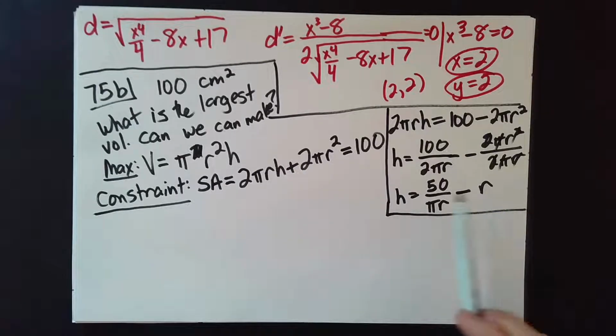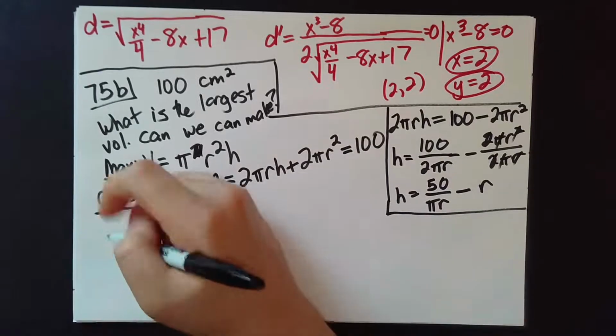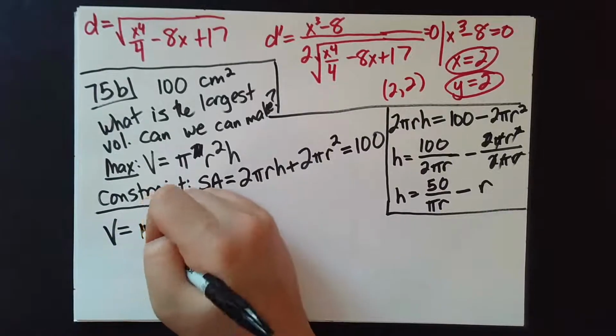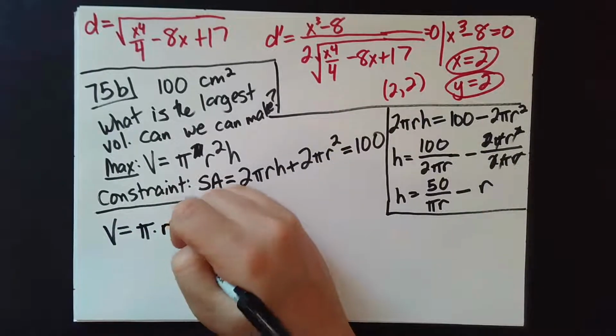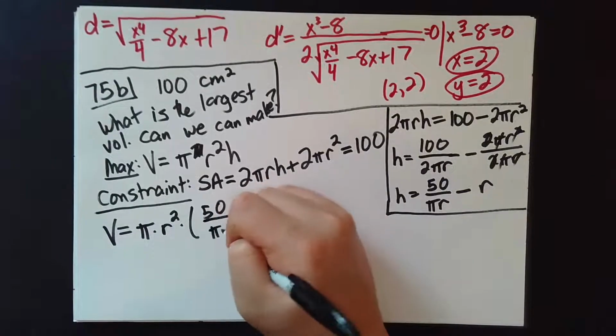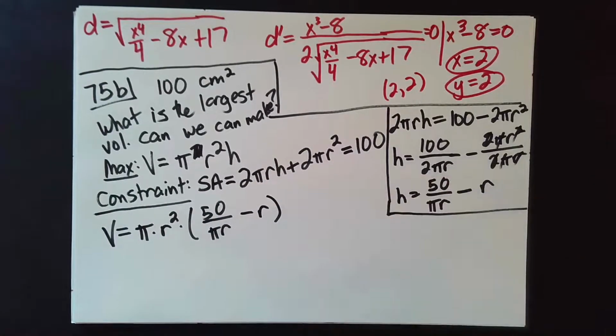So that's my solving part, and I can plug that back in to my volume now. And so that will be pi times r squared times 50 over pi r minus r.